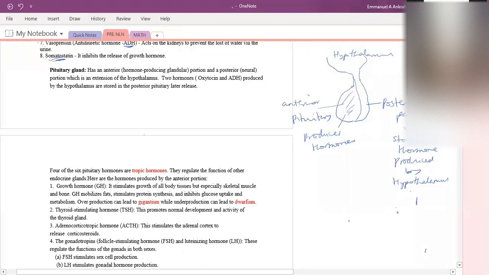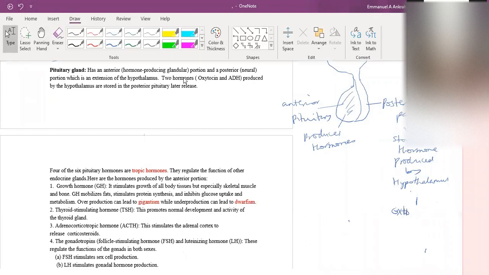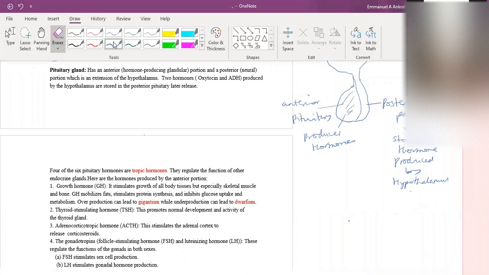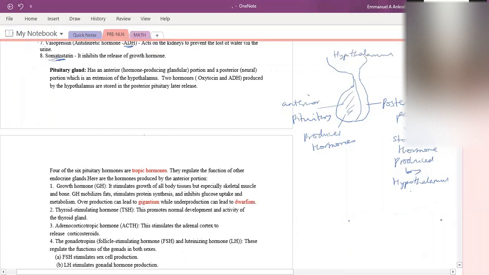So that's oxytocin. It's not acting up again. Okay, should be fine now.